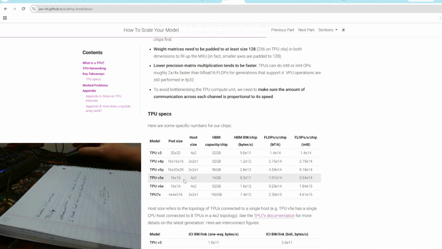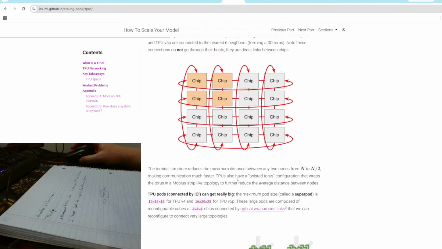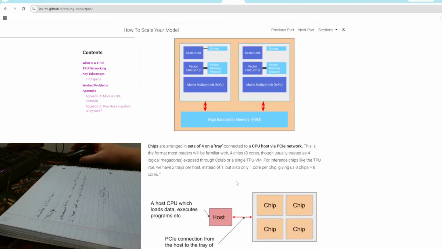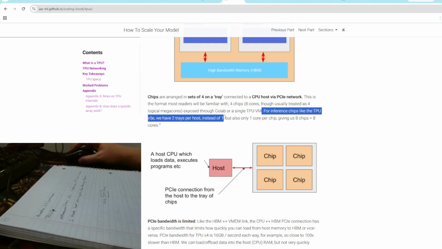Ooh, wait, is that true? Because I remember them saying earlier that that was a unique thing about the V5E. We have 2 trays per host.